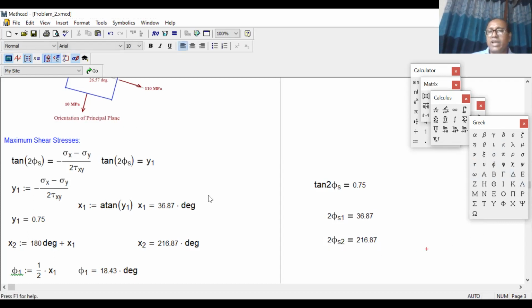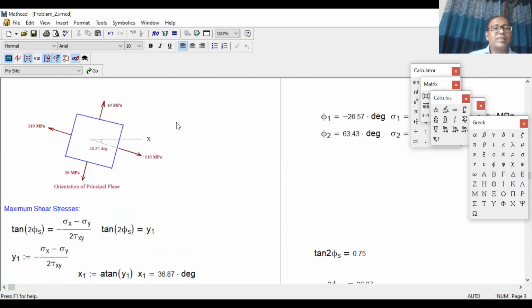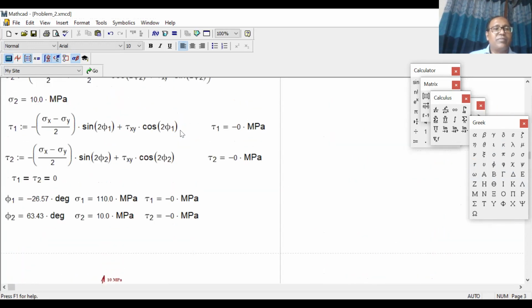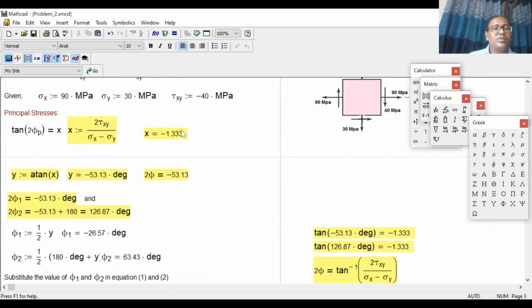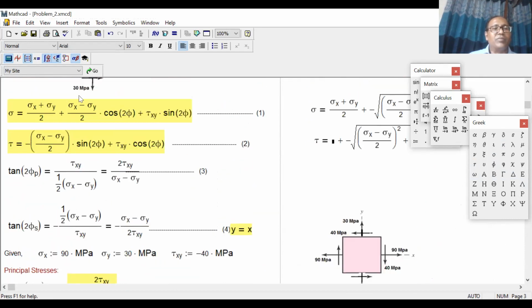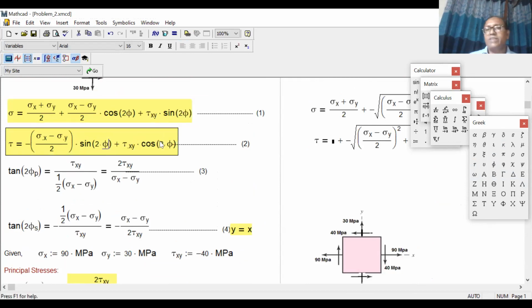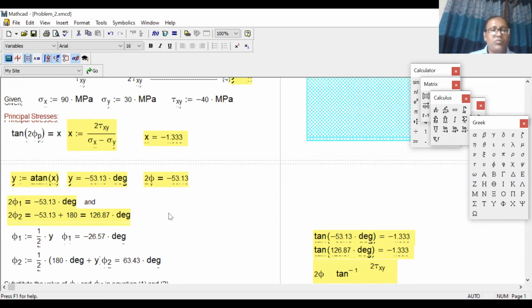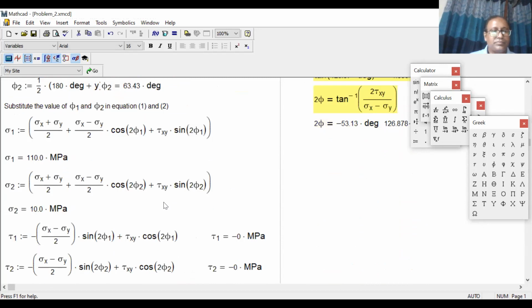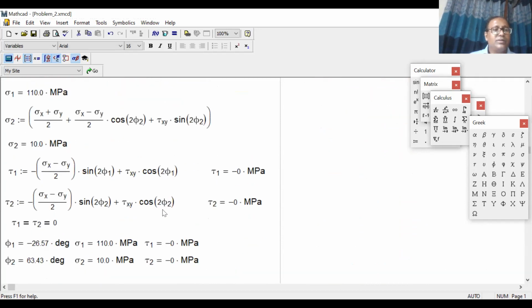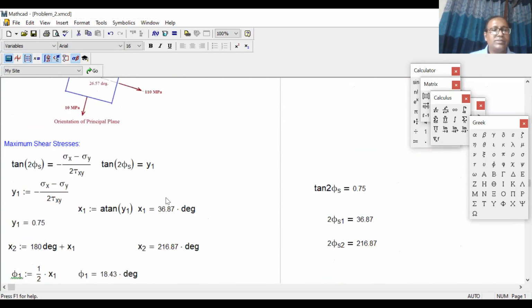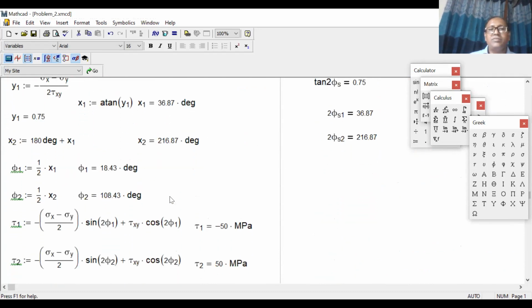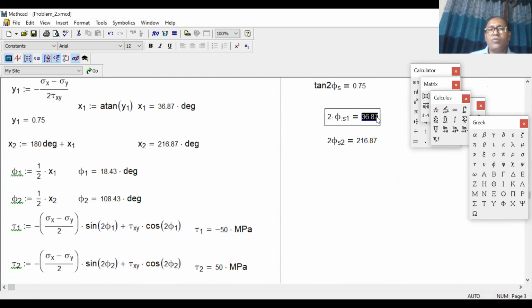Now these two angles we put in the mother equation. That means our tau 1 and tau 2 equation, we get the value right over here. Twice you need to put. So this is my tan 2 phi 1.